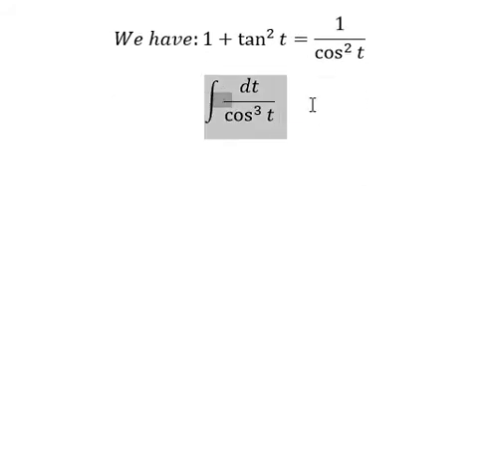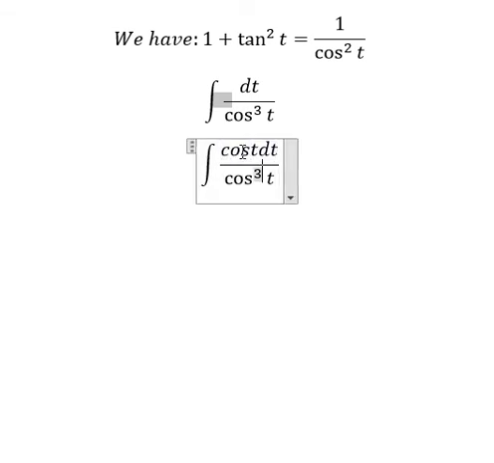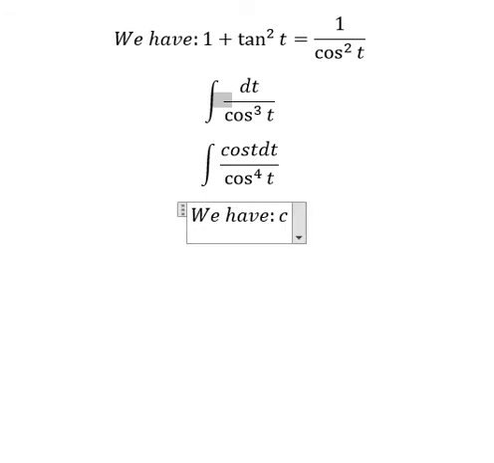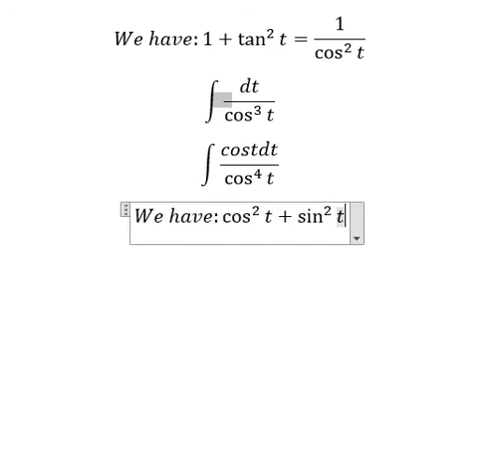Next, we multiply both sides with cosine t in here, and you got cosine t to the power of 4. Next, we have cosine t square plus sine t square equals to number 1.